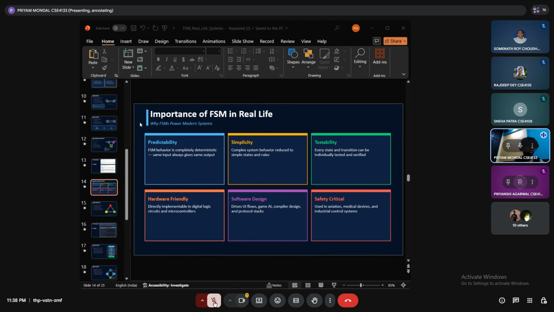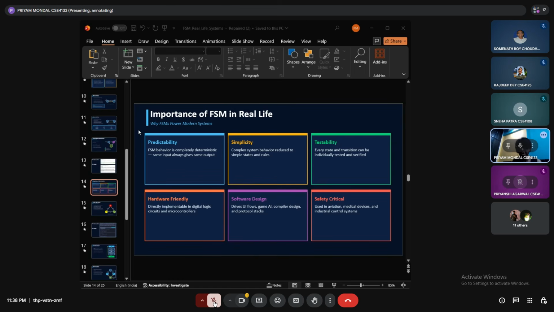Okay, so why is FSM important in real life? Because FSM is predictable: the same input always gives the same output. It is also simpler than other systems like the Turing machine, and it is friendly for hardware and software design.